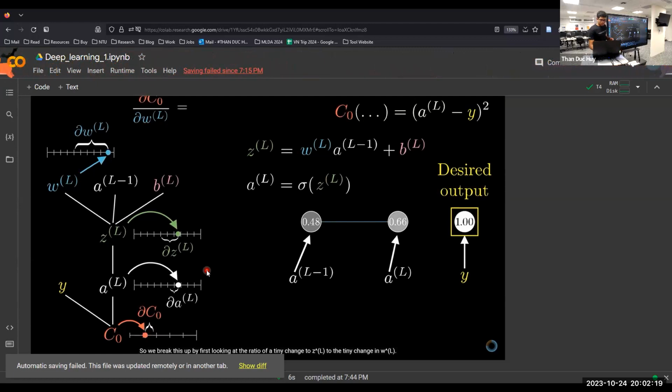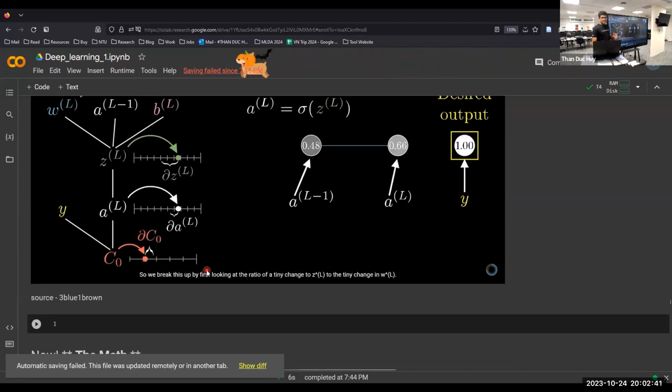So we can actually calculate the gradient of this compared to this, and this compared to this. But that's not what we actually want. What we actually want is this compared to this function compared to this. To do that, we use something called the chain rule.